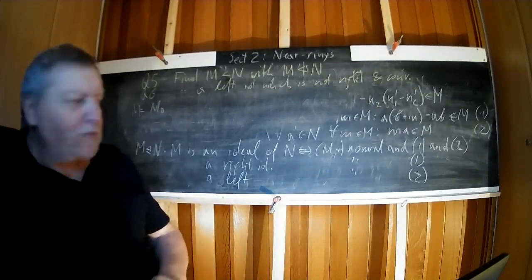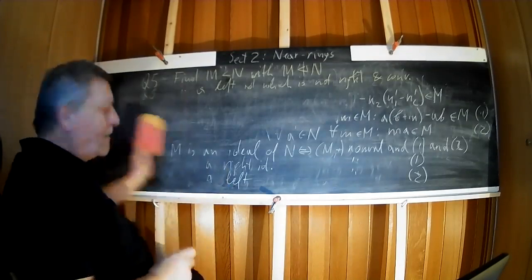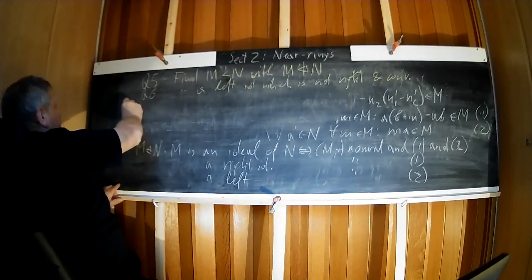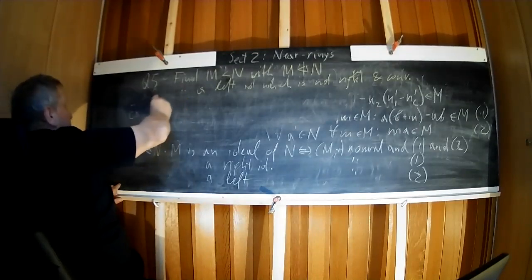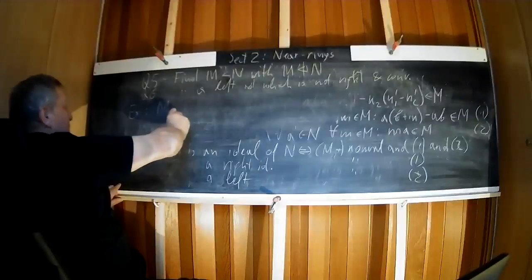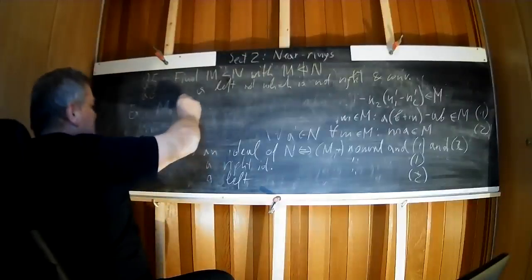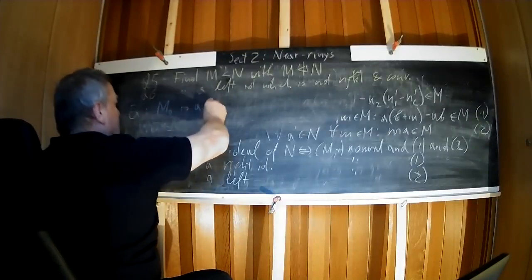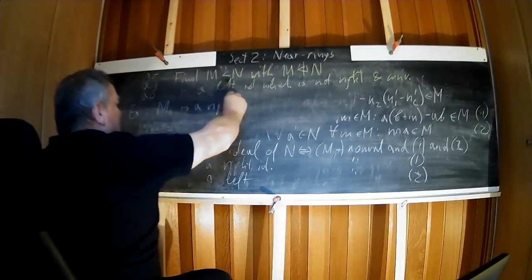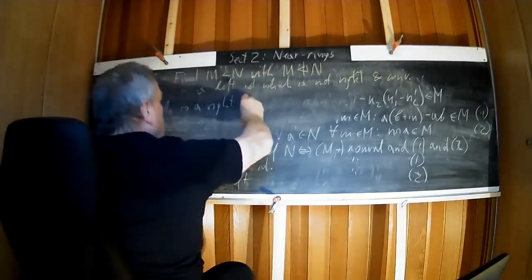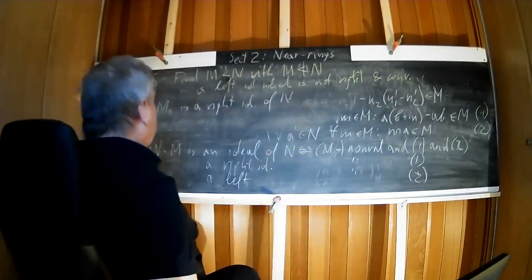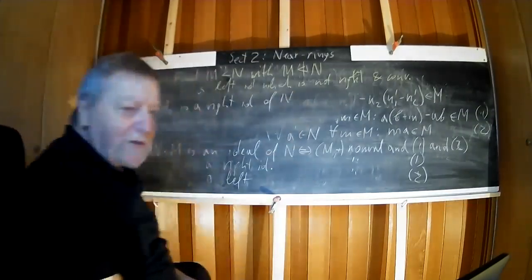But let's do it more generally, just as an exercise. M sub naught is always a right ideal of a near-ring N. It's always the case.